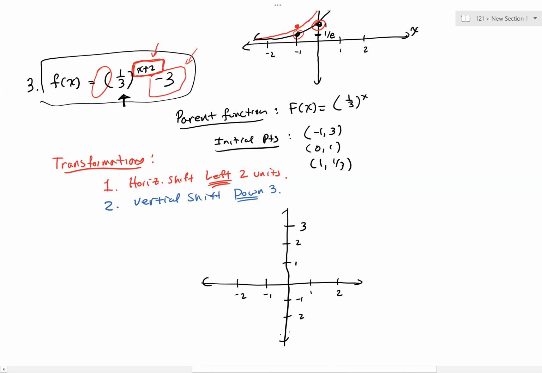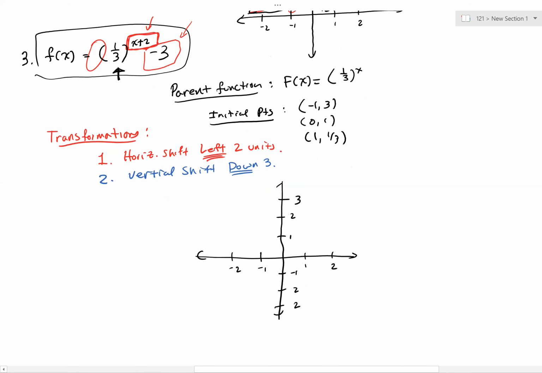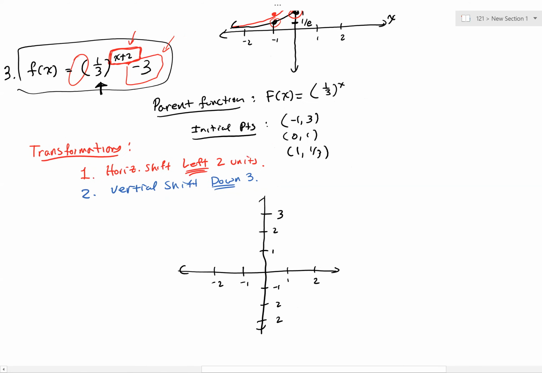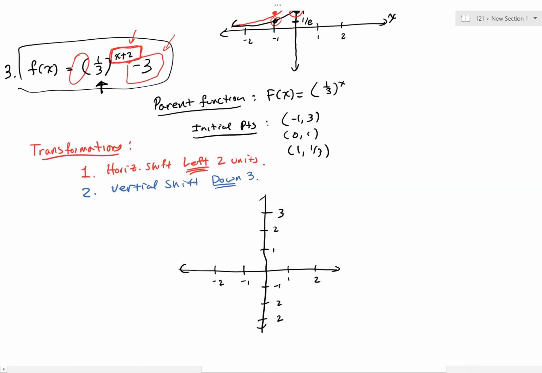I just realized I forgot the horizontal asymptote, domain, and range. I'll go back and do those after I finish graphing. So I'm going to start with my initial points here, which look like this. All right, so that's my parent graph.